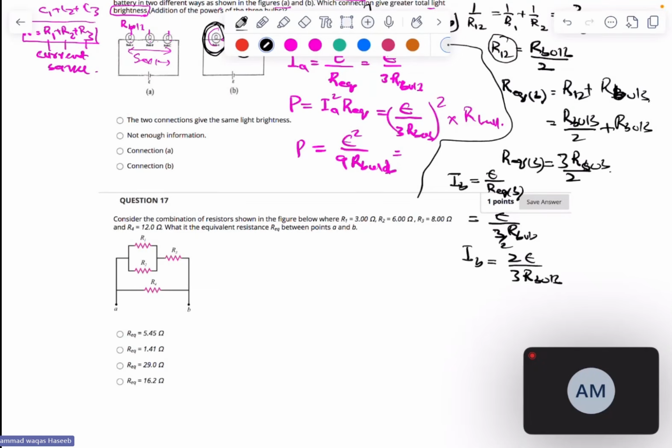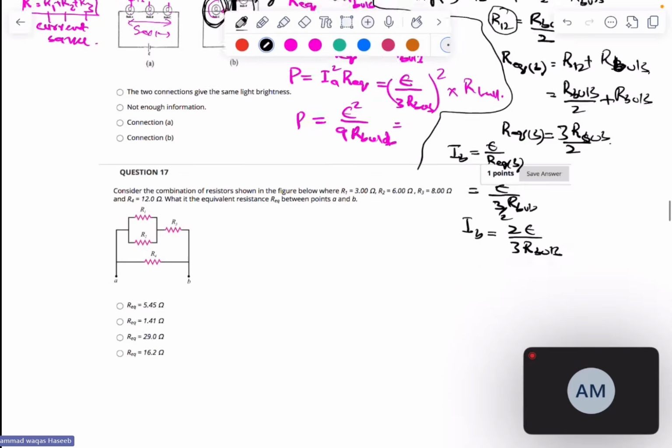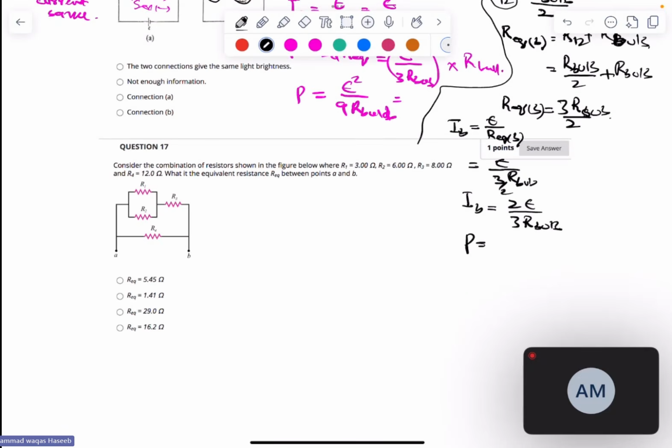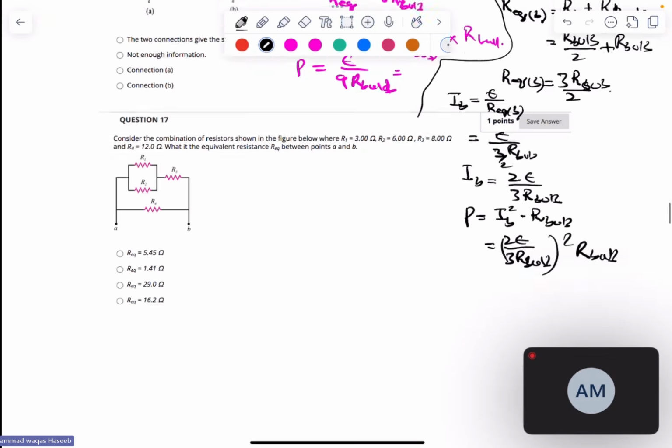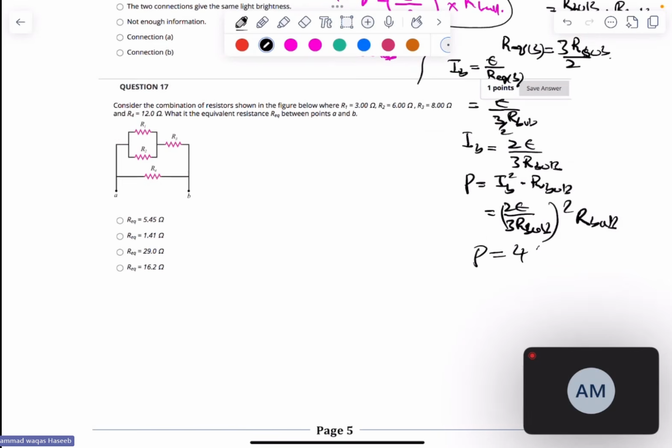So this is the current. Now the power is I_B squared into R bulb. So I_B is 2 epsilon over 3 R bulb, squared, into R bulb. So see, this is 4 epsilon squared over 9 R bulb squared.